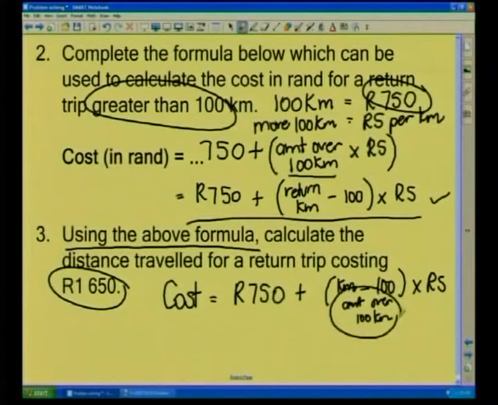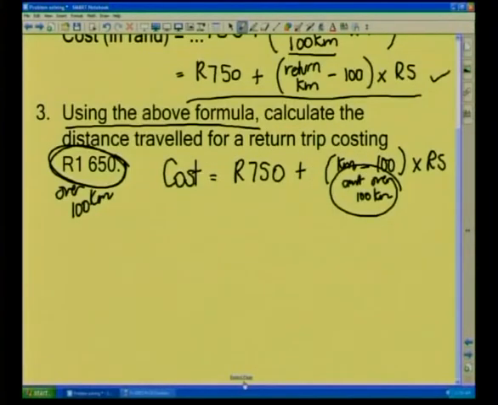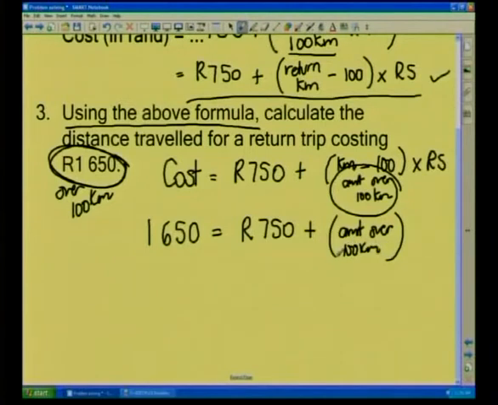And that's basically what we're going to try and find out, the amount over 100 kilometers, because we can see that it's well over 750 Rand, so therefore it will be over 100 kilometers. Right, let's see how we're going to solve this. So we know that the answer is 1,650, and that's equal to 750 plus the amount over 100 kilometers times by 5 Rand.